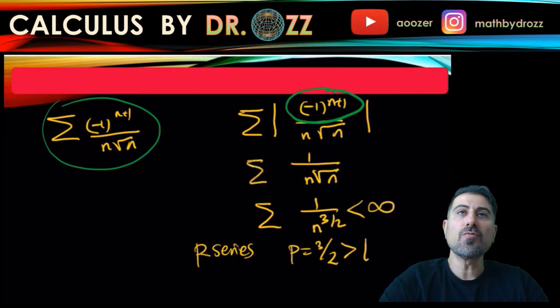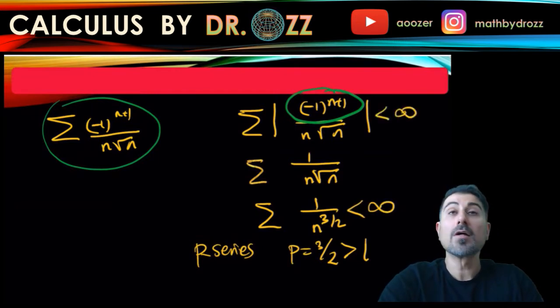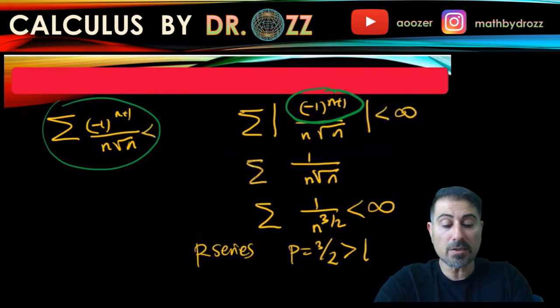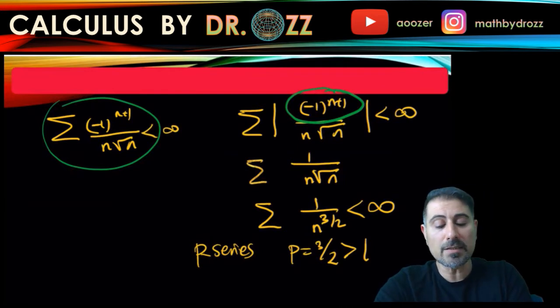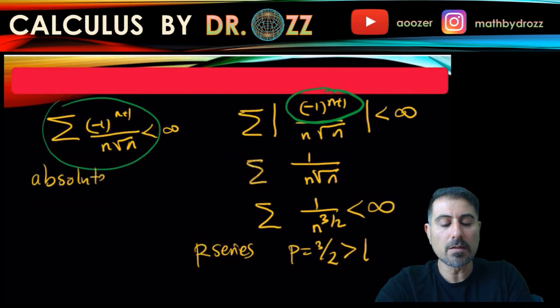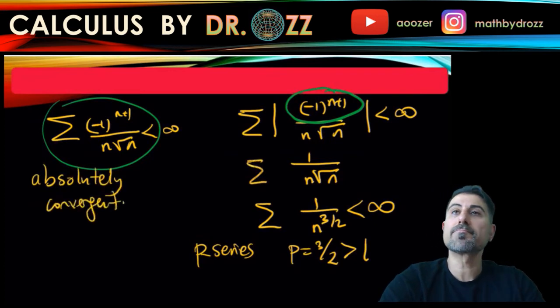So the absolute value version of the original series is convergent. I know that the original is convergent already because I used the alternating series test to prove that, but I can go one step further. I can conclude that this is absolutely convergent.